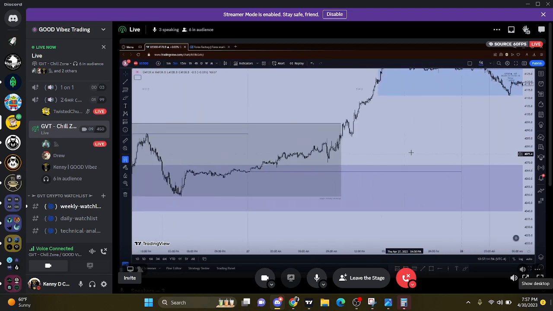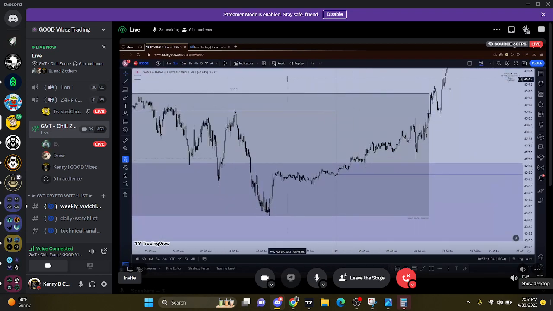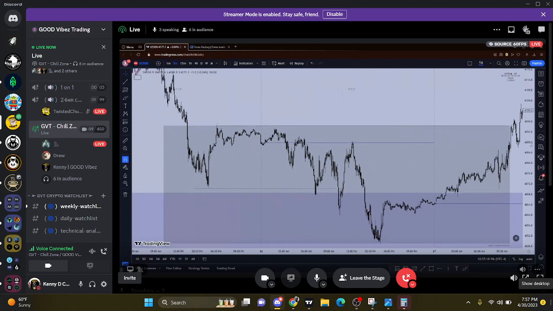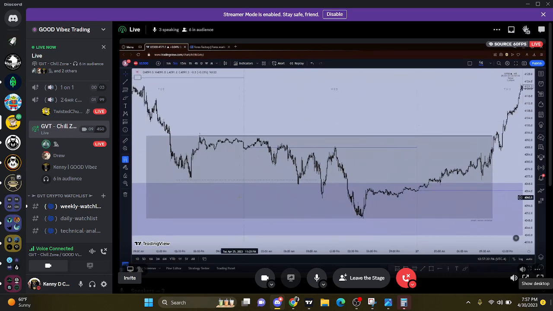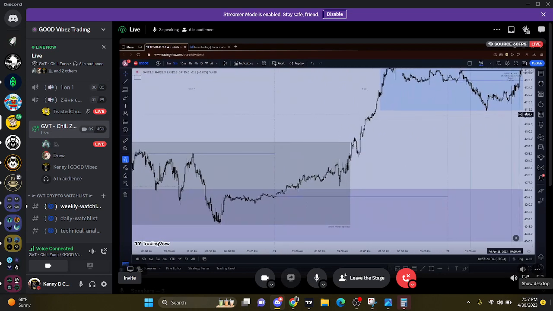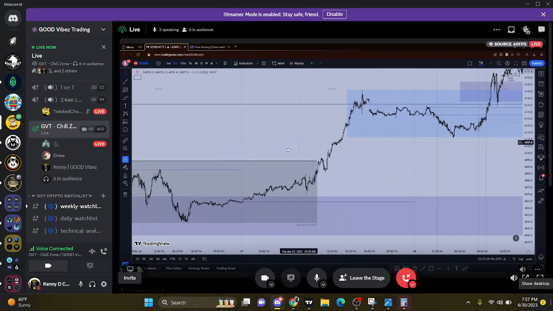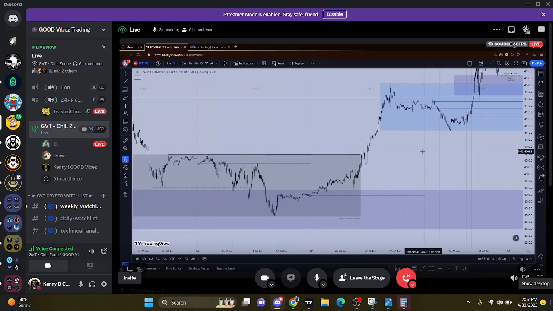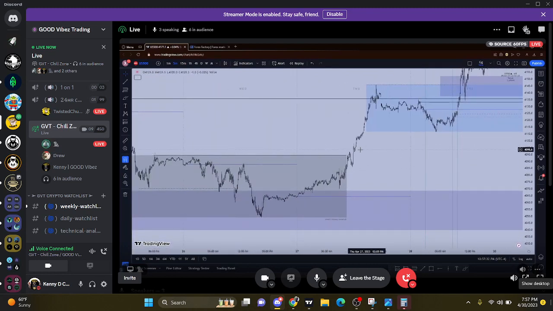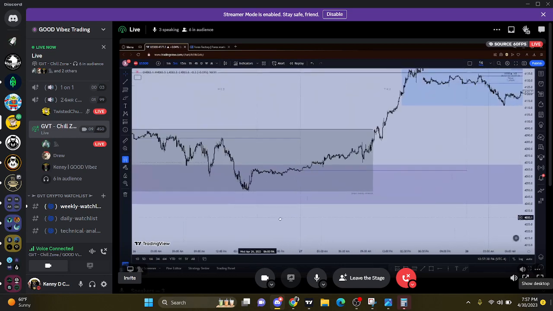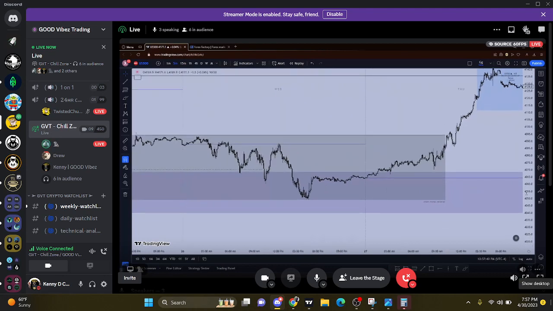You wait, you wait, you strike. This is when you see the reversal, the weekly profile, Wednesday low of week. The characteristic begins here.